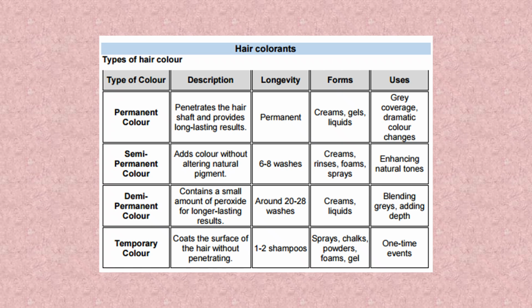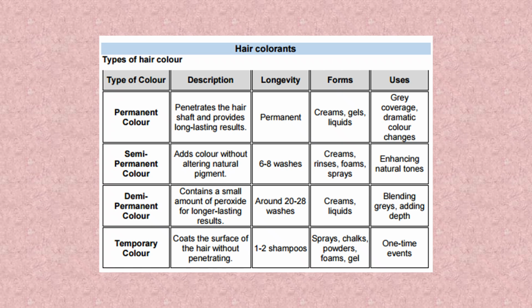Semi-permanent color adds color without altering natural pigment. Its longevity is about 6 to 8 weeks, it can be found in creams, rinses, foams, and sprays, and you use it to enhance a natural tone.